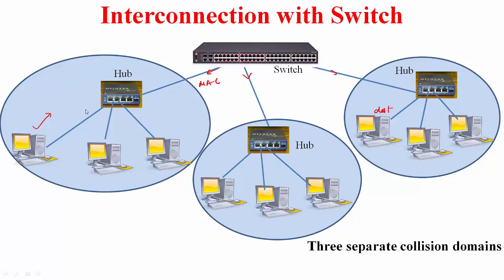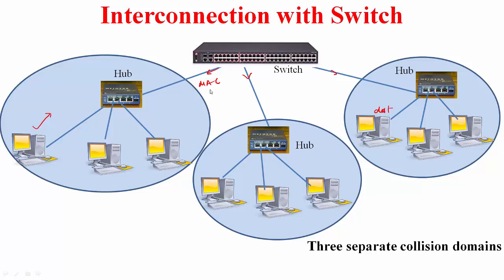Just to emphasize, this collision domain has 4 stations, 1, 2, 3, as well as the switch competing for access to the media. Once this packet reaches the switch, it is going to compete again with these 3 other hosts to access this media to deliver it to the right destination.